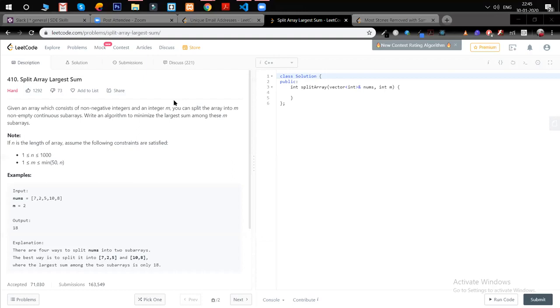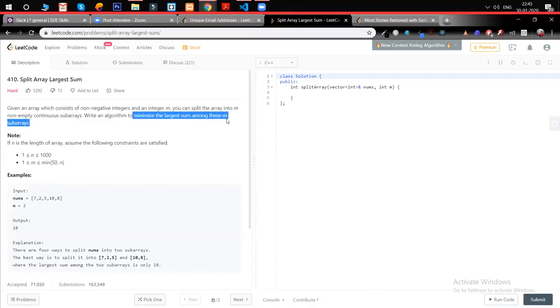So this is the last question from the hard bucket. Split array largest sum. We are given an integer array and an integer m, and we have to partition this array into m parts such that we minimize the largest sum among these m subarrays.